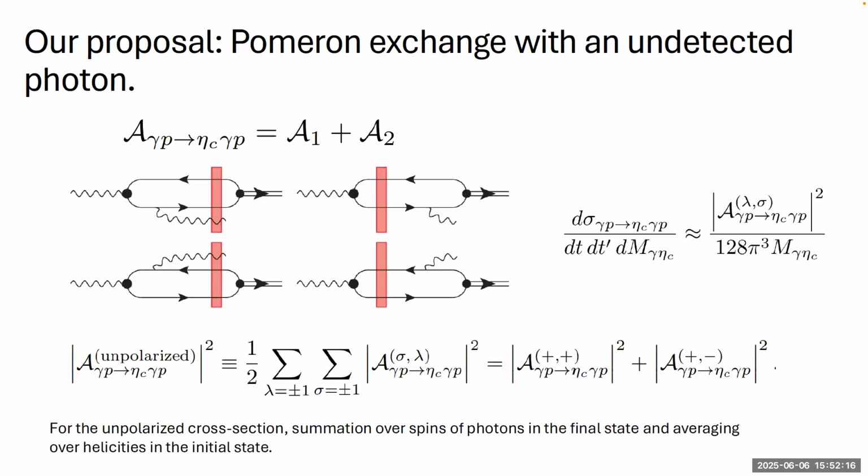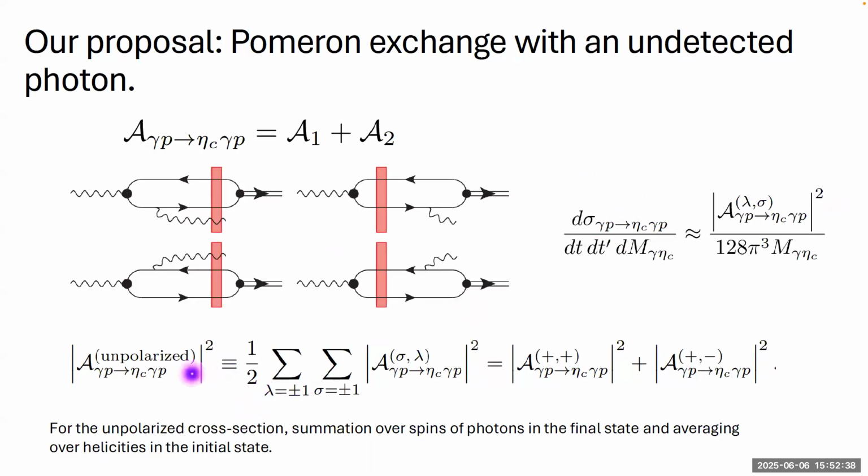So here, what we did, we calculated the first part, amplitude 1, and the second, with this emitted photon before the shock wave, and amplitude 2 is with the emitted photon after the shock wave. We wanted to calculate it with this formula.